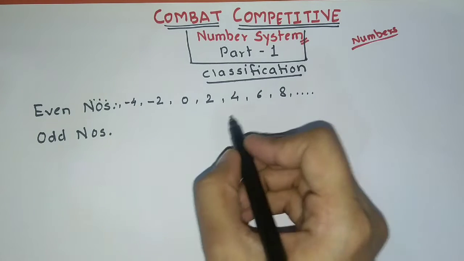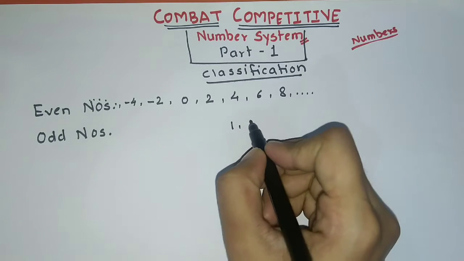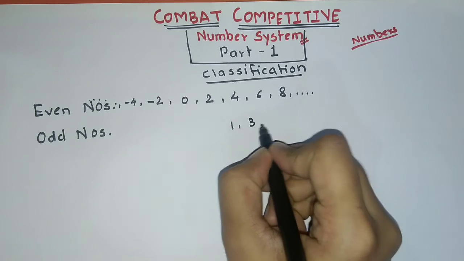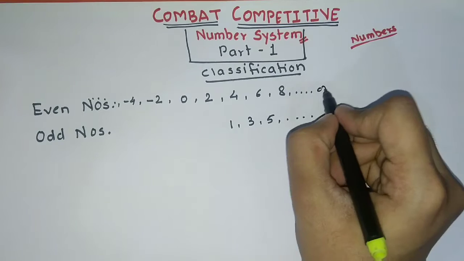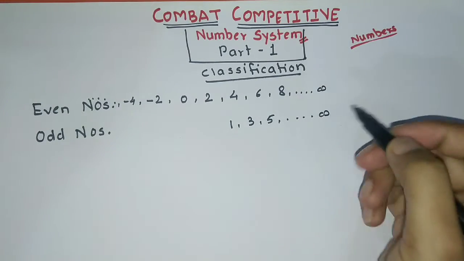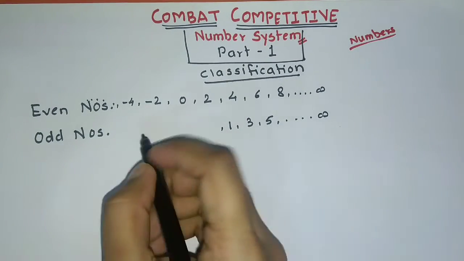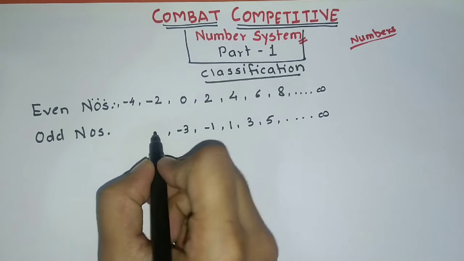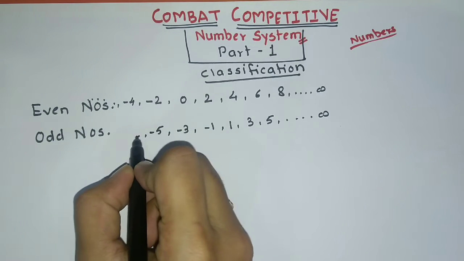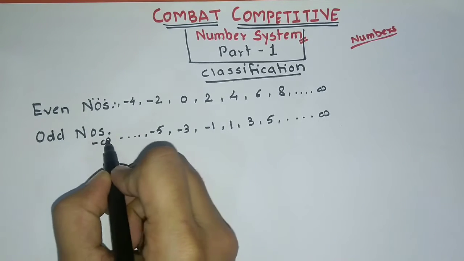Now, 1, 3, 5 up to infinity. Similarly to the negative side, -1, -3, -5 up to negative infinity.